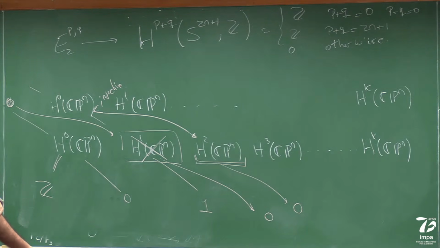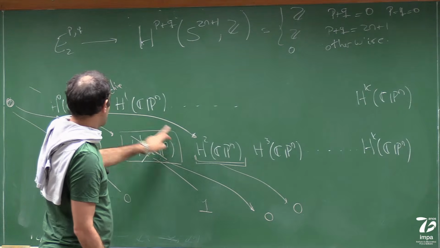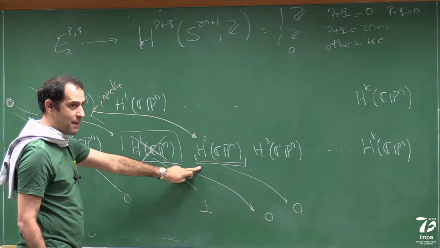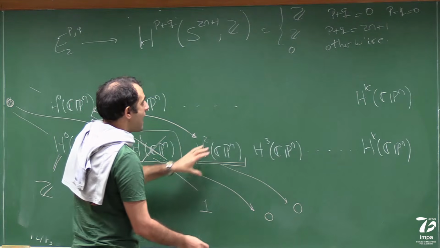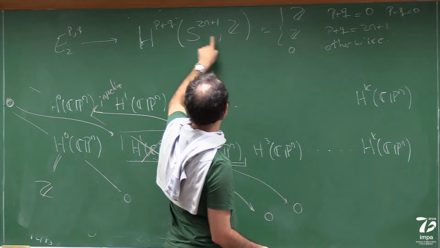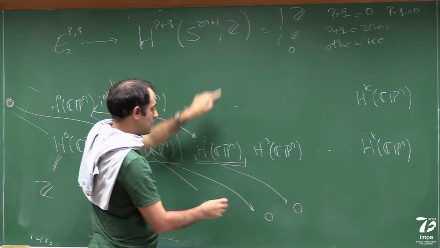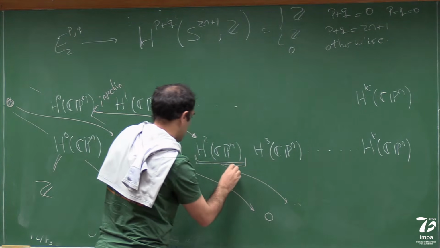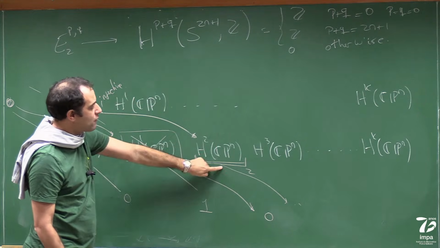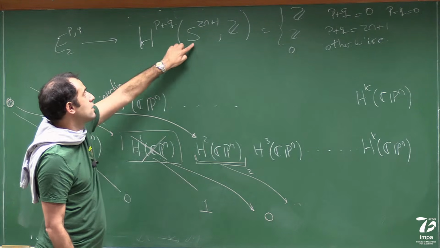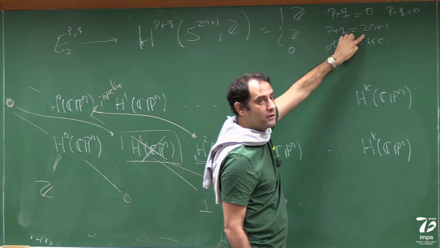Whatever survives modulo the image of this map is going to be an element in degree 2 homology of this S^(2n+1). And S^(2n+1) does not have homology in degree 2, because this is an odd sphere, and it only has homology in degree 0 or 2n plus 1.